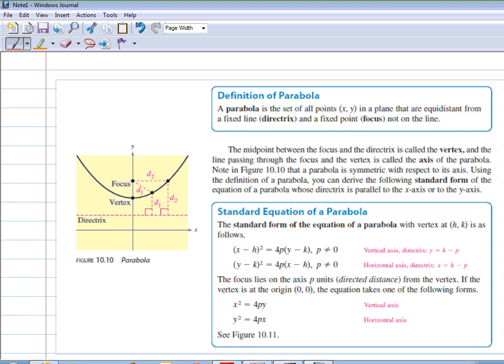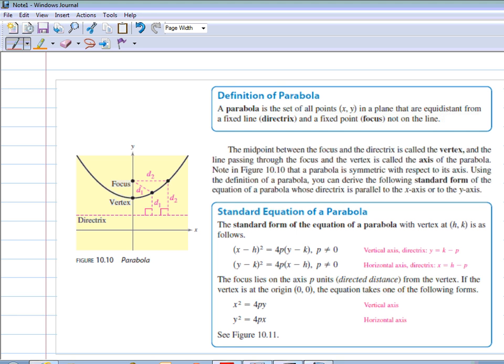The horizontal axis equation: (y minus k) squared equals 4p times (x minus h), and p cannot be 0 yet again. And the directrix for the horizontal type is x equals h minus p. The focus lies on the axis, p units from the vertex, and it says the directed distance.